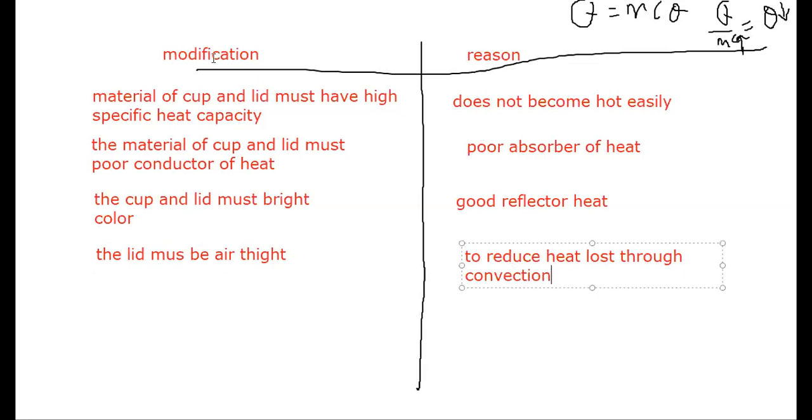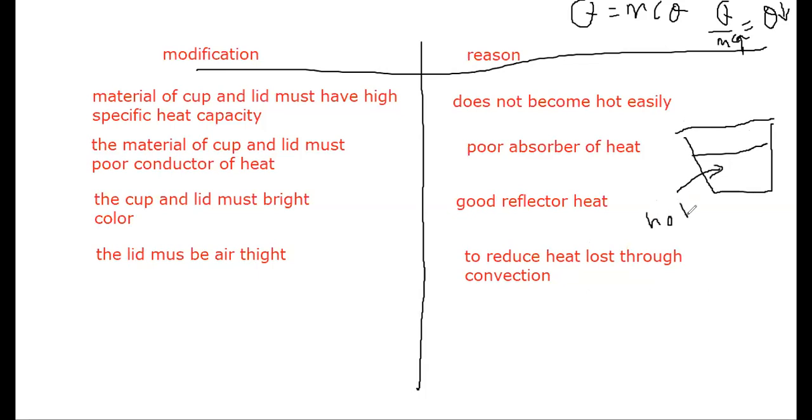Now we know that heat can be lost in three methods, right? Conduction, convection, and radiation. So let's say this is your cup. Inside here there is hot water, so the air trapped inside there will also be hot. If it's not airtight, what happens?